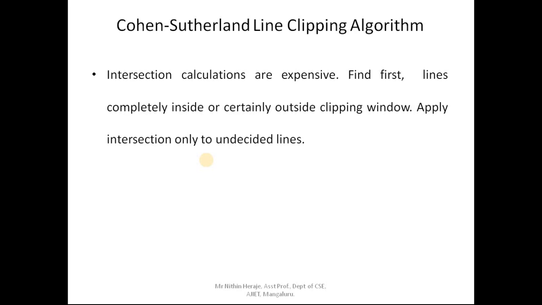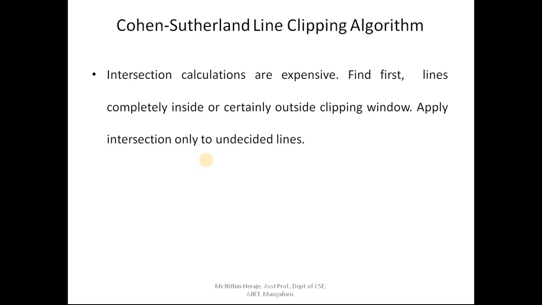Intersection means the point where the line segment meets the clipping window, so we call it the intersection point. With that intersection point we will decide which portion of the line segment should be included and which portion should be excluded.